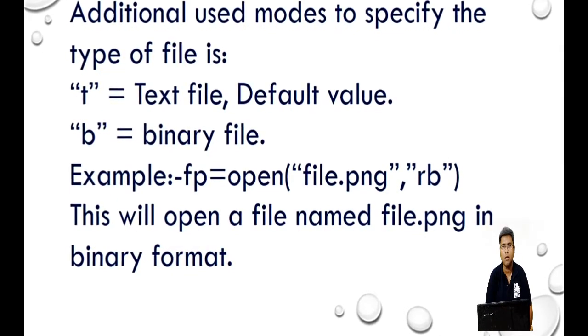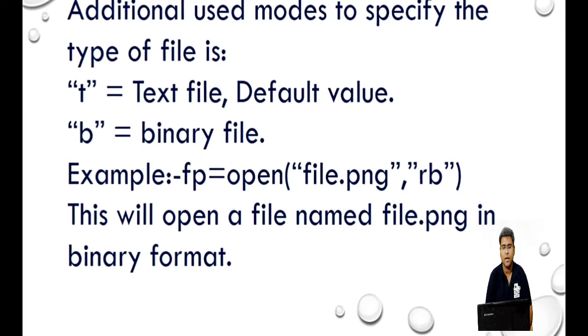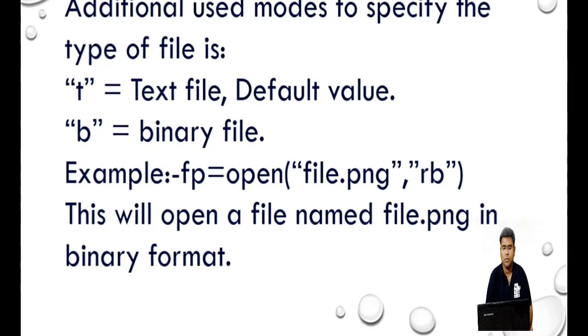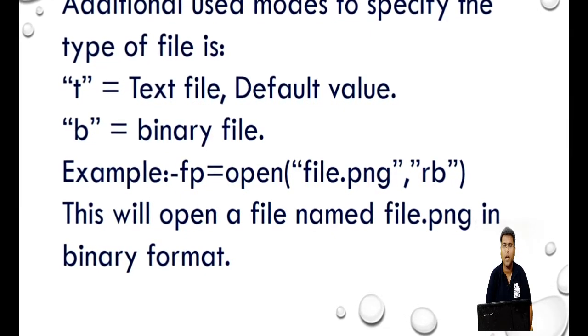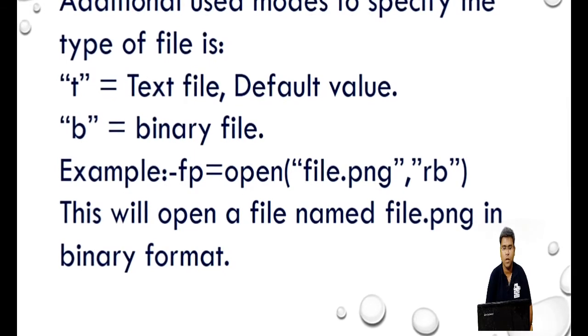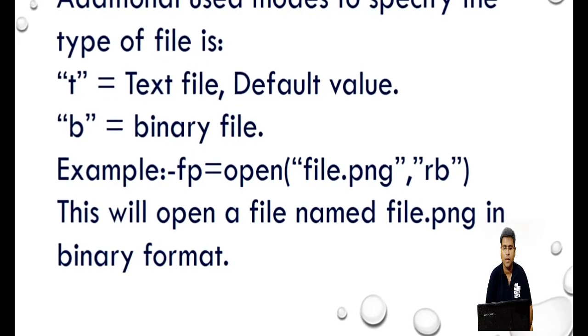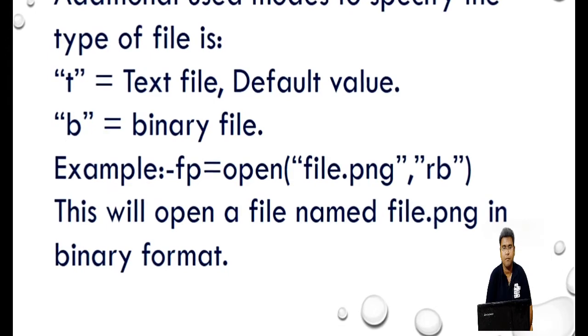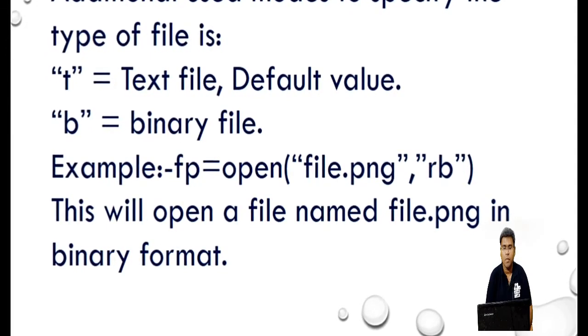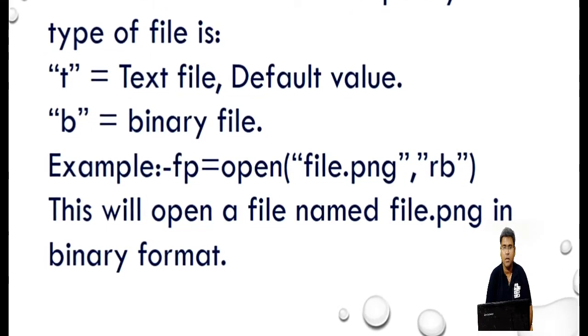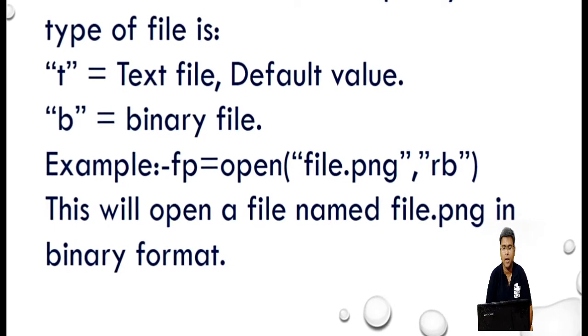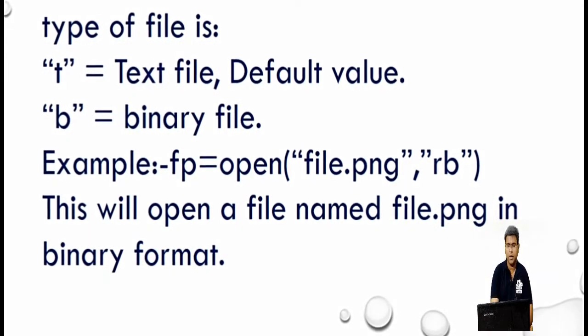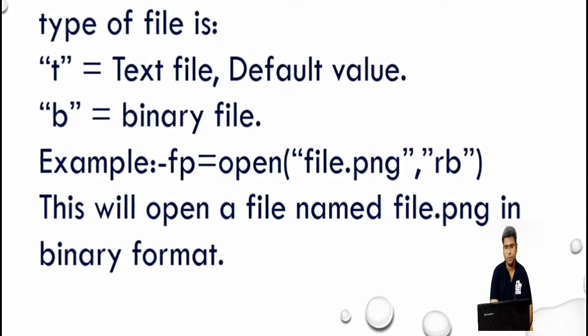This is the default mode, and B stands for binary mode. So suppose you want to open a file in binary mode, then you have to use this syntax. fp is the object name, open is the name of the function, file.png is the name of the file, and rb is the mode, reading data in binary mode.